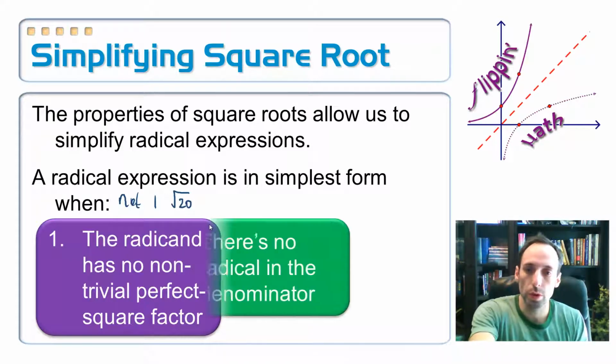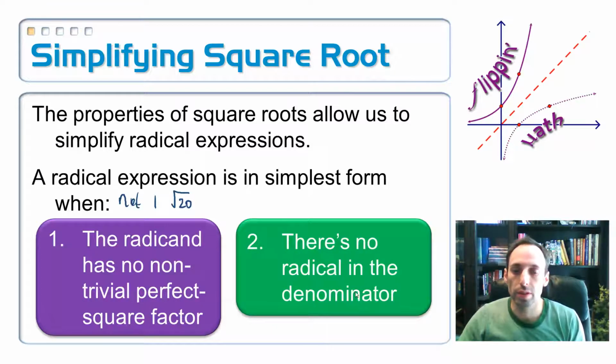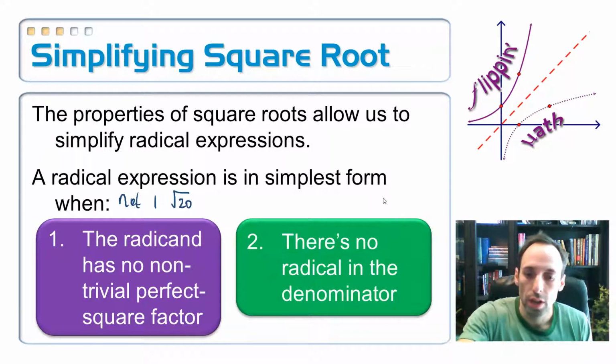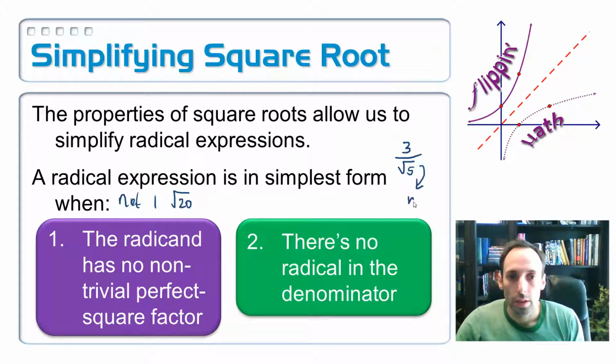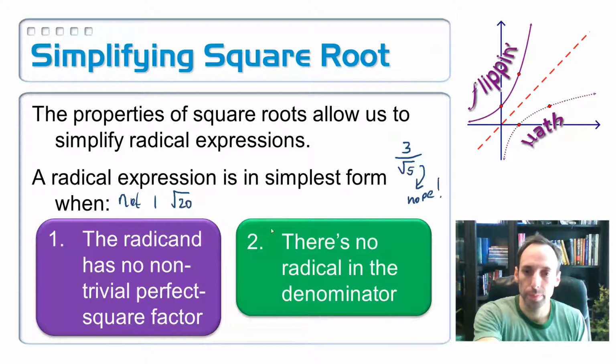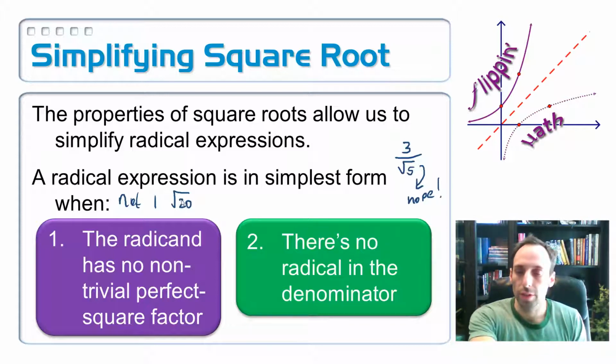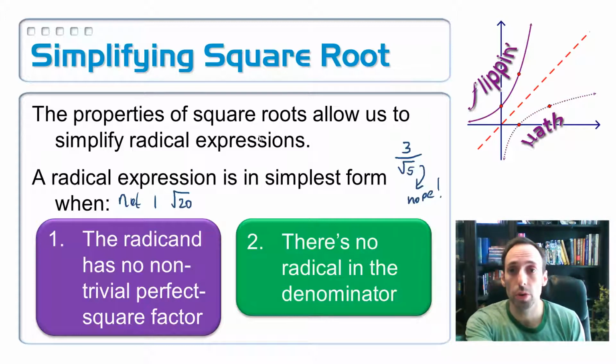The second one is you can't have square roots in the denominator if you have a fraction. For example, if I have the square root of 5 on the bottom, 3 on the top, that is a no-no. So those two things: we have to factor out perfect squares, and you can't have square roots in the denominator. That's what it means to put it into simplest radical form.